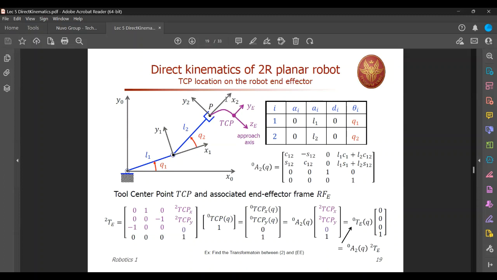You can see XY of frame 2 and YZ of frame E. Can you figure out some sort of rotation? No idea?